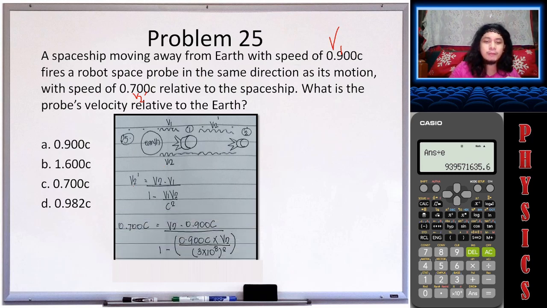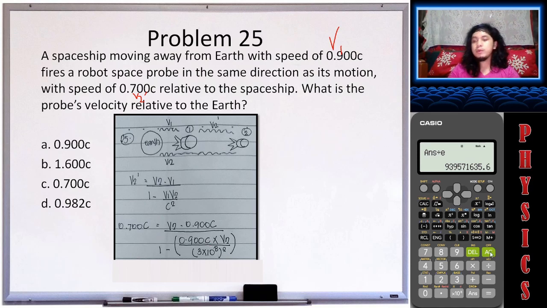So, 0.700 c is equal to V2 minus 0.900 c, all over 1 minus V1 V2, 0.900 c times V2 all over 3 times 10 to the 8 squared. Substitute lang tayo. Try natin sa calculator.